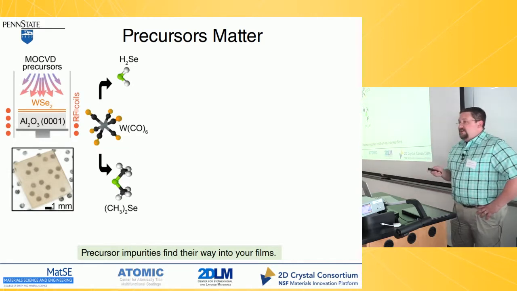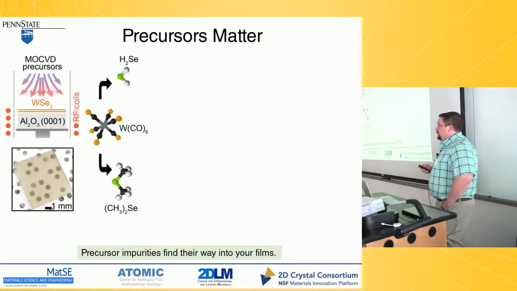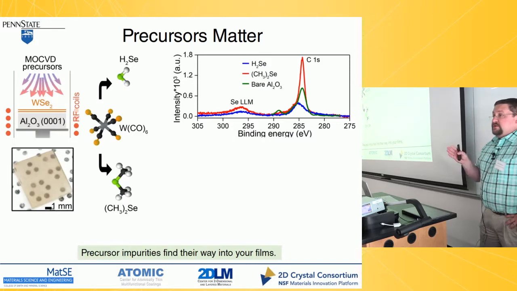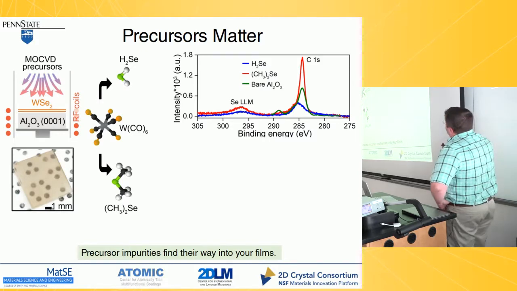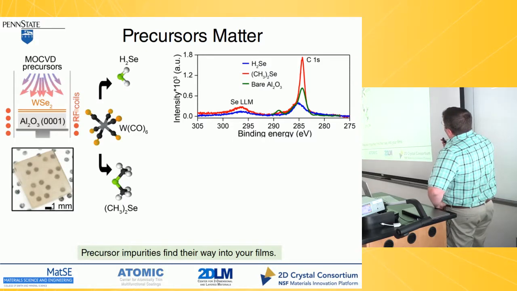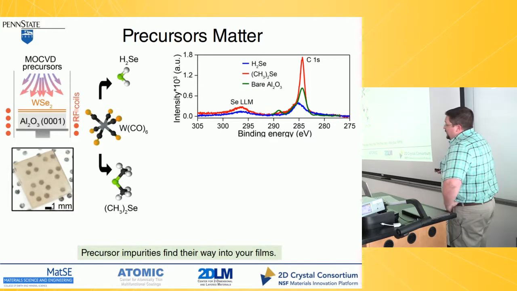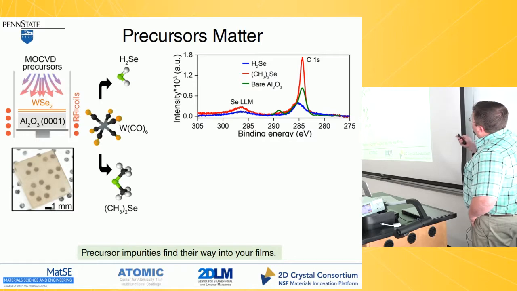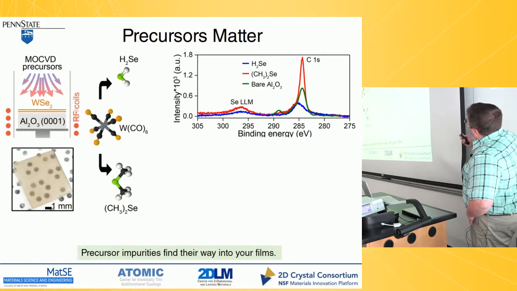And what we find, depending on which precursor we use, is that the carbon content in our film can be dramatically different. So in the blue and green here is bare sapphire and WSe2 grown with hydrogen selenide. They pretty much overlap each other. But when you use dimethyl selenide, you see that the carbon peak is dramatically higher.